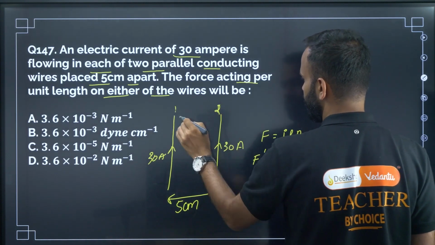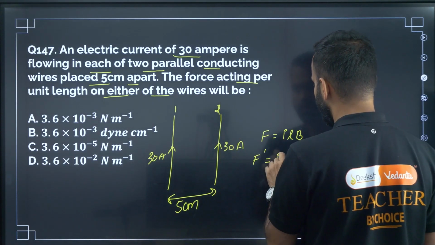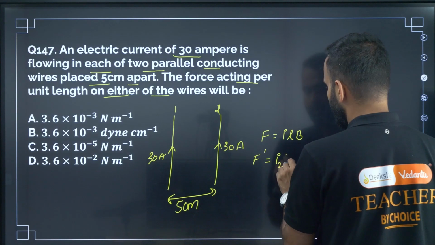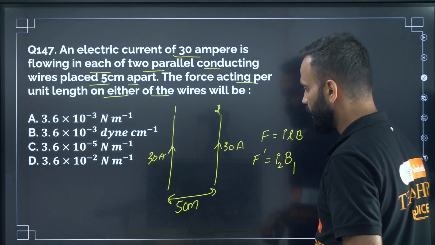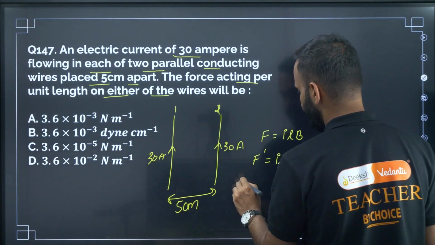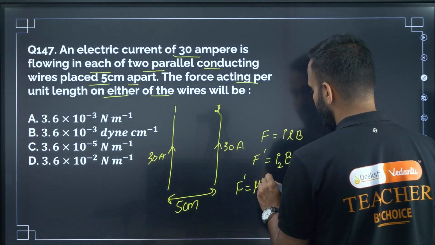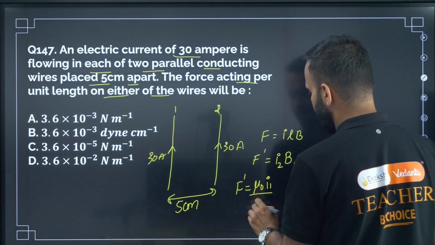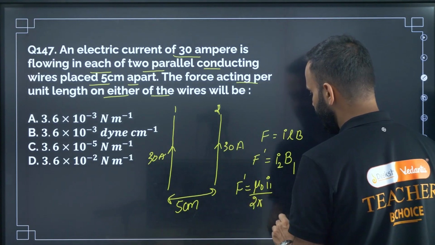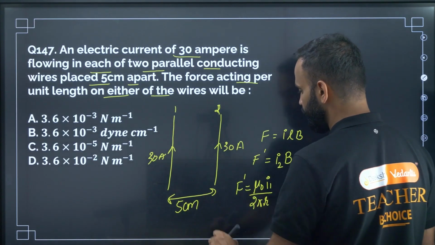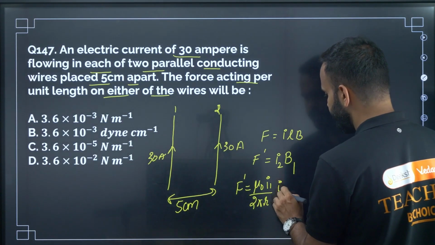This is second wire, first wire. So the force acting on the second wire is the current on the second wire into the magnetic field due to the first wire. Now F dash is equal to B1. B1 is mu naught I1 divided by 2 pi R, right? R is 5 centimeter, into I2.